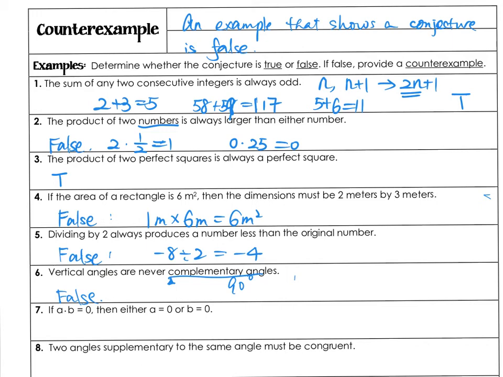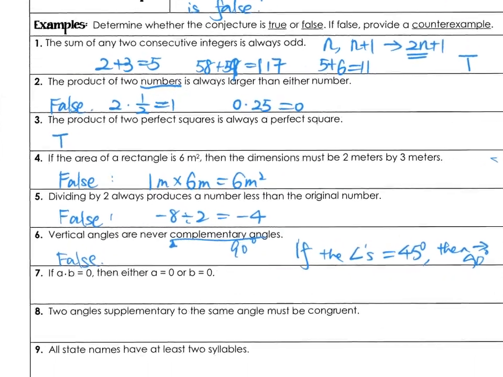So the counterexample is that if the angles are 45 degrees, then they are complementary angles. So that's one example. And now I'm going to move my sheet up.